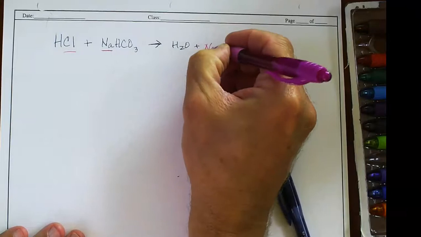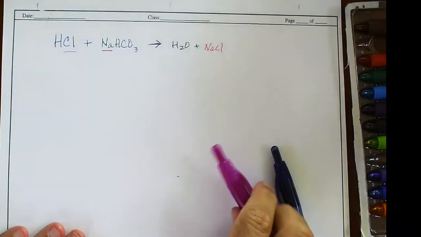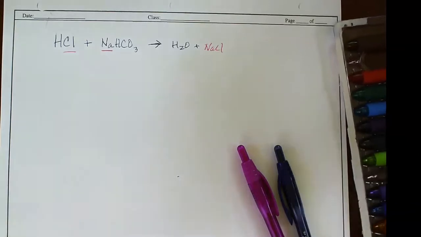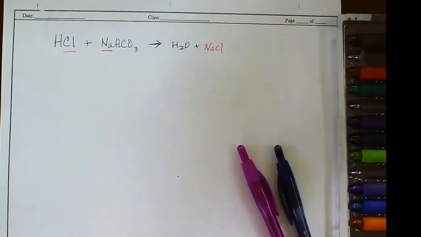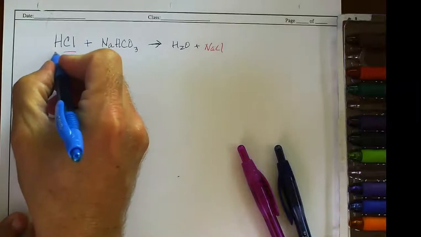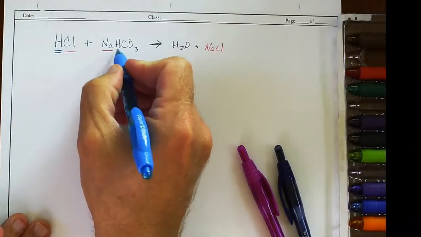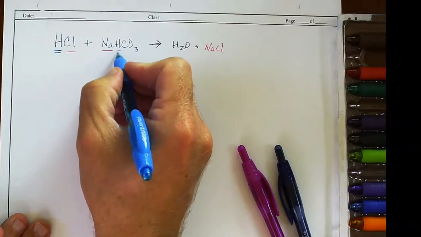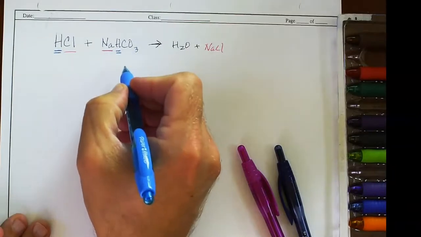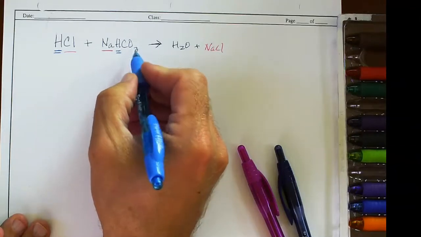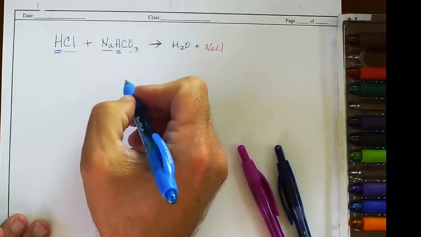Okay. Now, where did the water come from? Well, you always need to take the hydrogen from your acid, so that's here. And then to make water, we need another hydrogen, and that one is here. And we need an oxygen, and there are 3. So we're going to use one of those 3 oxygens.